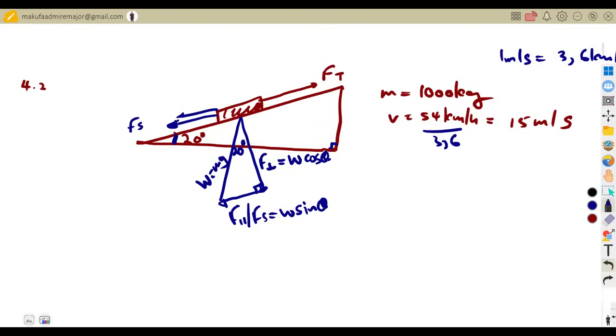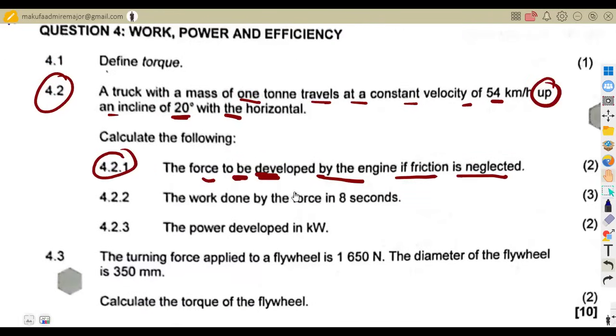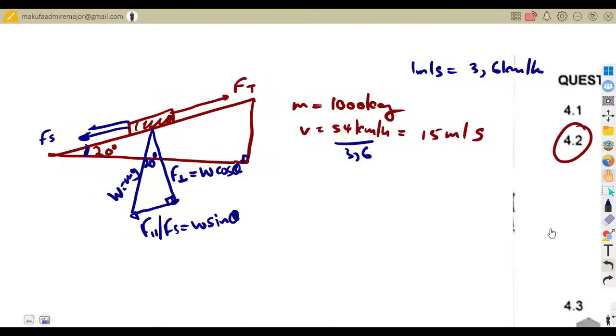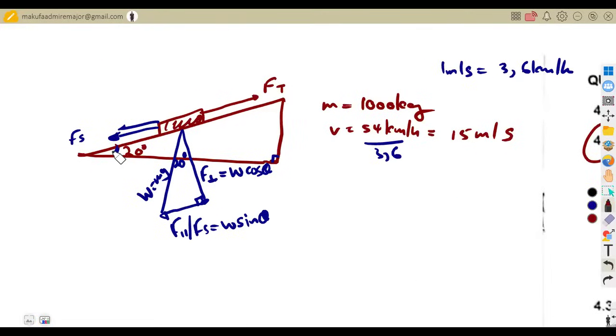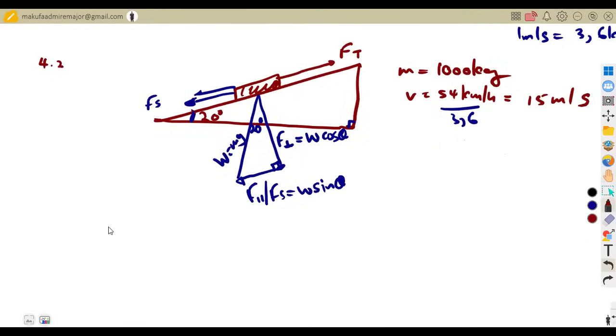All right. So the question was to calculate the force to be developed by the engine if the friction is neglected. As we can see, the force to be taken up by the engine is the force going up. If it is the force going up, it is opposed by which other force?